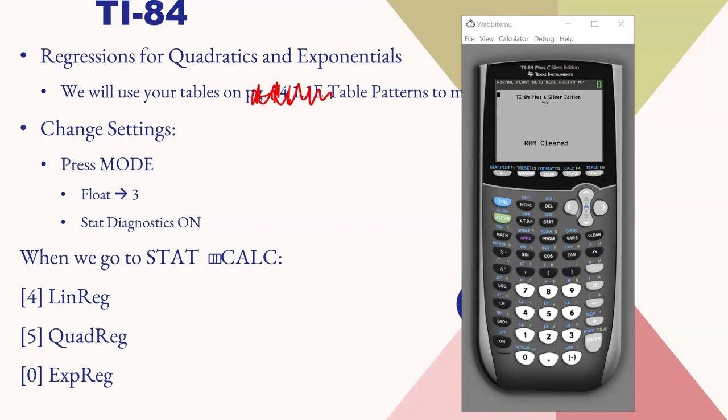These are the values that we're going to input into our stat edit. So we're going to go to stat edit, like we've been doing, and we're going to input the values. I put in my X's in L1 and my Y's in L2.